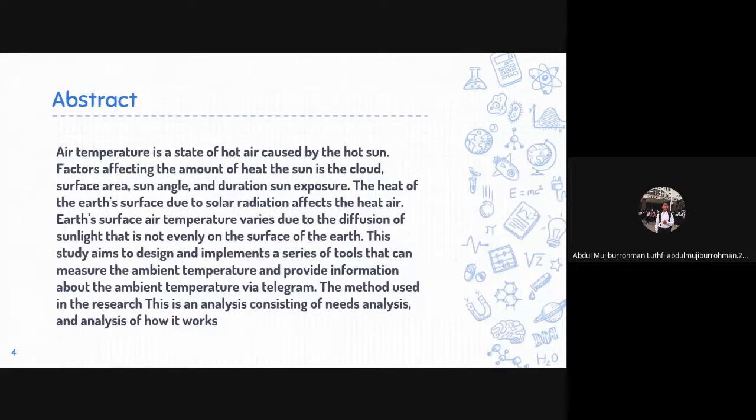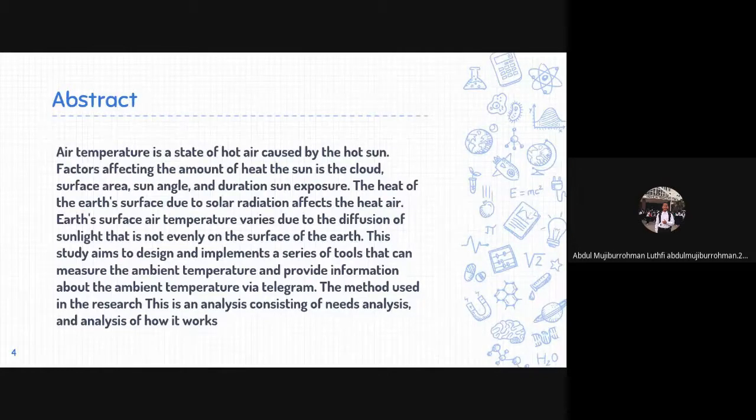For the abstract: air temperature is a state of hot air caused by the hot sun. Factors affecting the amount of heat from the sun are the clouds, surface area, sun angle, and duration of sun exposure. The heat of the Earth's surface due to solar radiation affects the heat of the air.